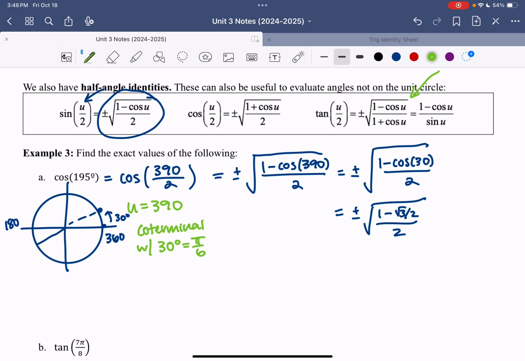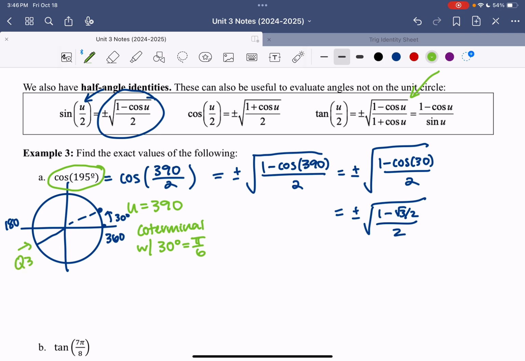But we do have a plus or minus thing that we need to take care of here, okay? It's not the fact that there's two values, not a positive and a negative, it's either one or the other. So what we need to do is figure out which one would be which. And the way that we're going to do that is we're going to look at the placement of where this original angle was. The original angle that we were trying to evaluate was cosine of 195, which we said was right here in quadrant 3.